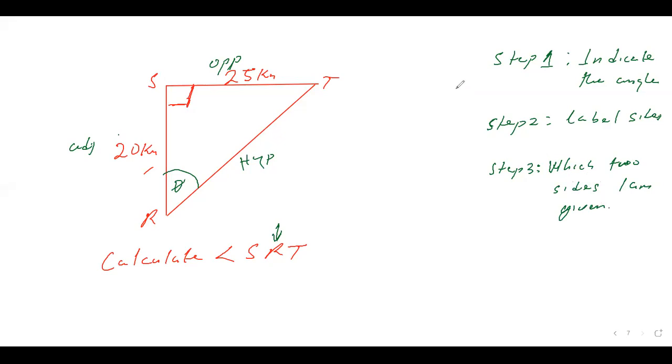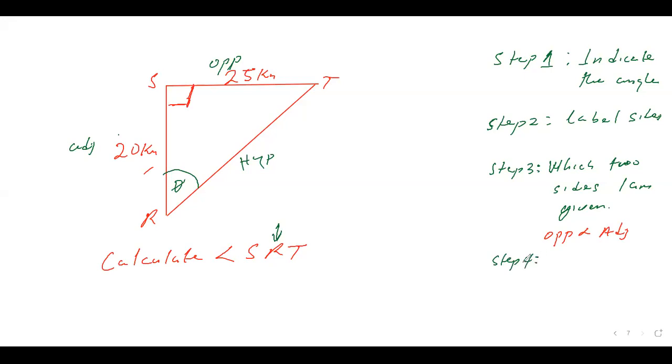Which two sides am I given? Answer that question for me now. The opposite and adjacent. The opposite and the what? Adjacent. Okay, step 4. What will be step 4?